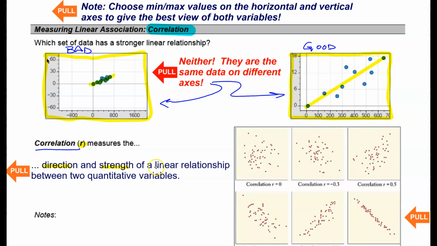Next thing that's important, linear relationship. Correlation only applies to linear relationships. So if we see a pattern in a scatter plot that's not linear, we should not be talking about the correlation r. Last but not least, it's the correlation between two quantitative variables. And I'm just going to be honest with you, this is a place where you can get tricked.